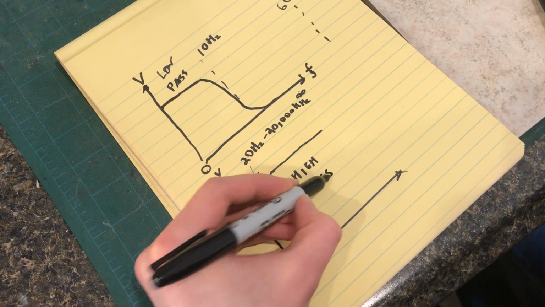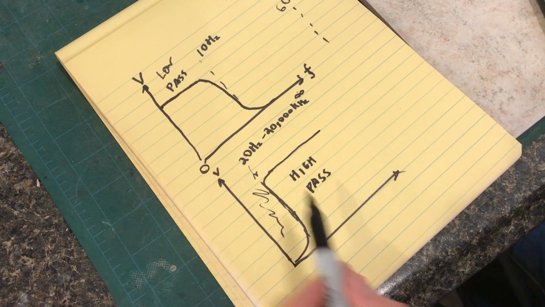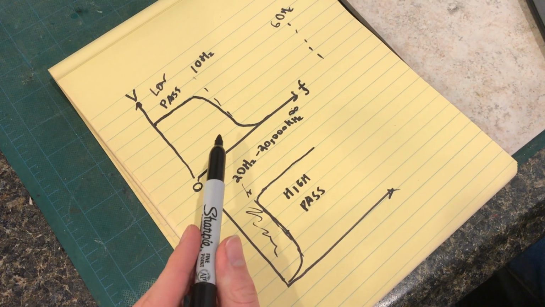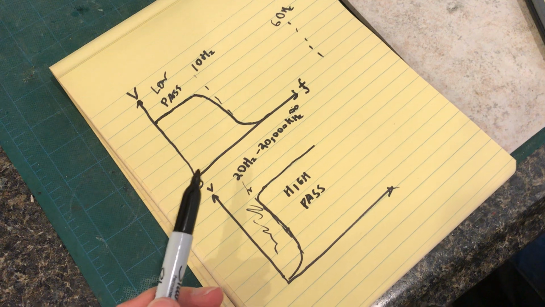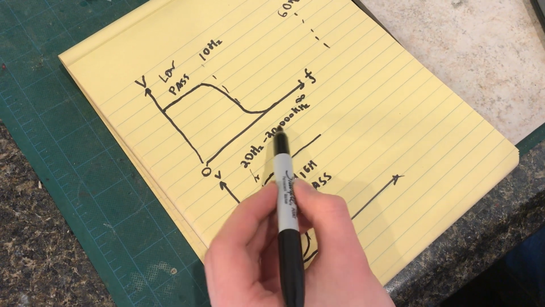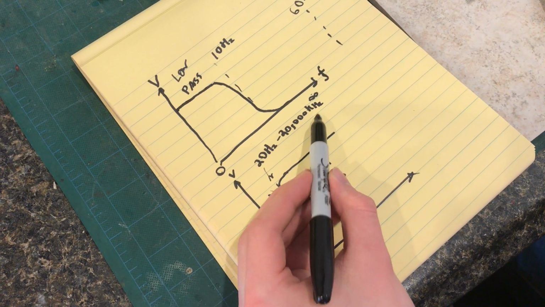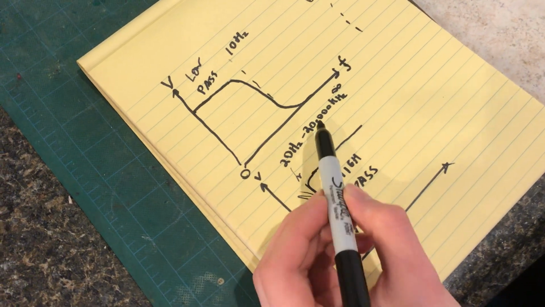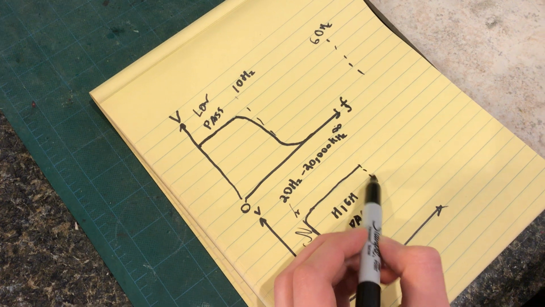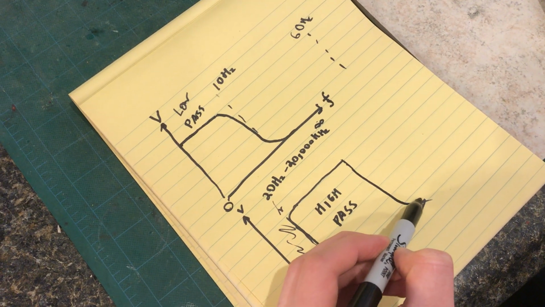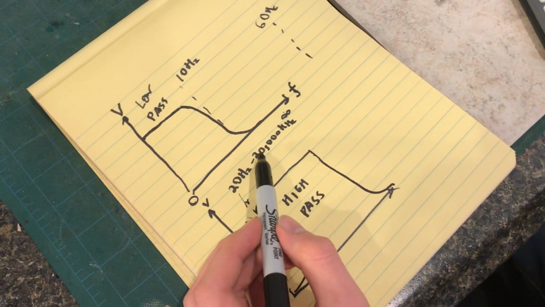And if you combine a high pass and a low pass, you can establish a band pass. So if we wanted it to stop at 20 kilohertz, we would create a low pass filter that would then block everything after 20,000 hertz.